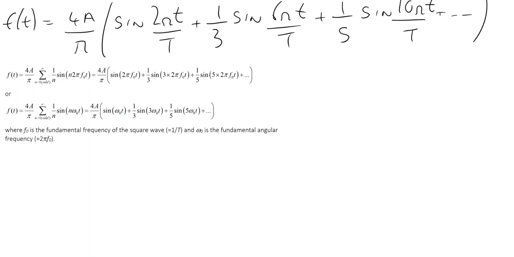Now the final part of the question asks us to express the result in slightly different forms. So in the first case we're asked to express it in terms of the fundamental frequency f0.